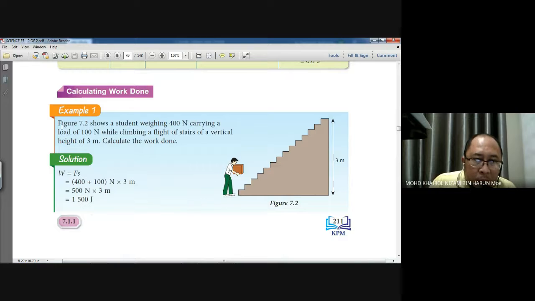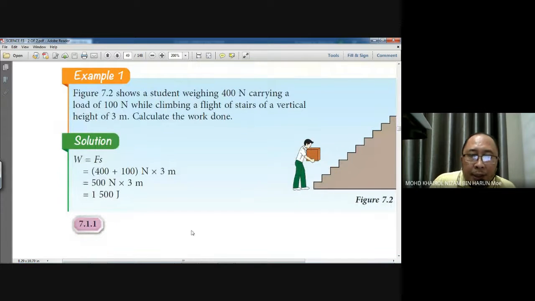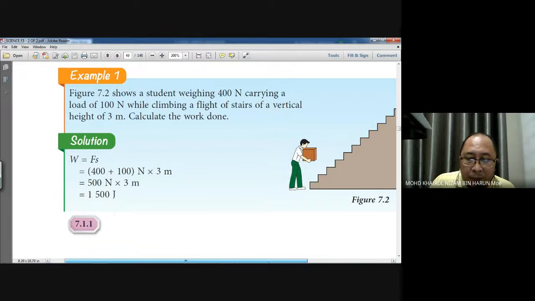Look at here, figure 7.2. Figure 7.2 shows a student weighing 400 Newton carrying a load of 100 Newton while climbing a flight of stairs of a vertical height of 3 meter. Calculate the work done.